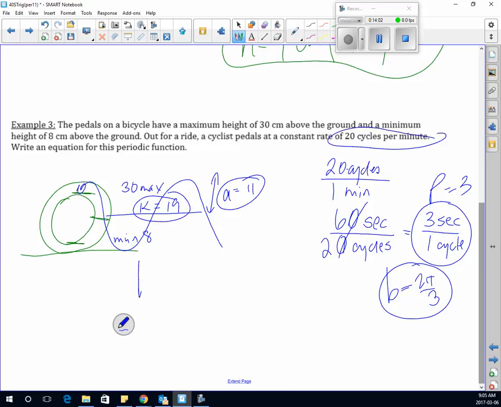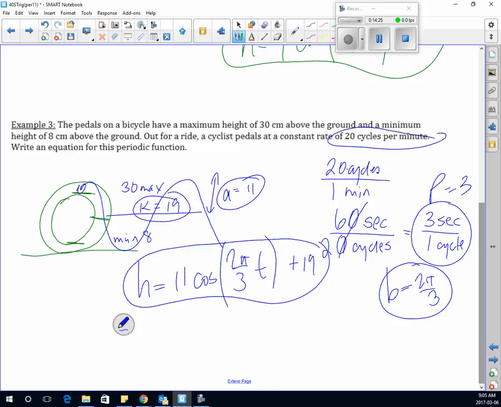Okay, so the height is equal to 11 cos 2 pi over 3, we're going to say t for time, t plus 19. It was as easy as that. Actually, the word problem is easy if you can get it set up like this. A lot easier, isn't it?